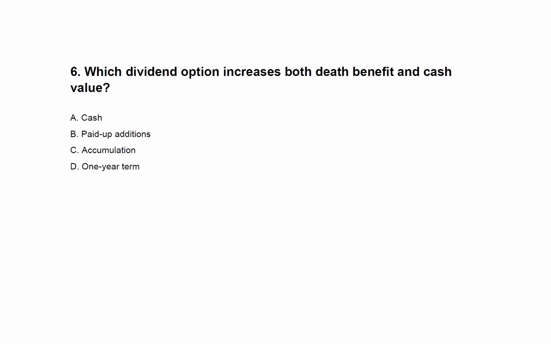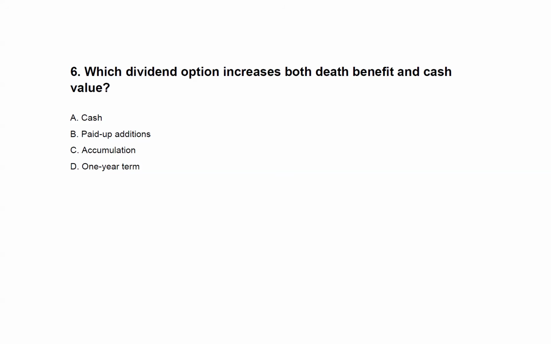Cash is a dividend option. Paid up addition is a dividend option. 1 year term is a dividend option. But accumulation is just a distractor. So if you can just use your process of elimination, even if you don't understand the concept totally, you're gonna be in good shape just with basic word association and the vocabulary.